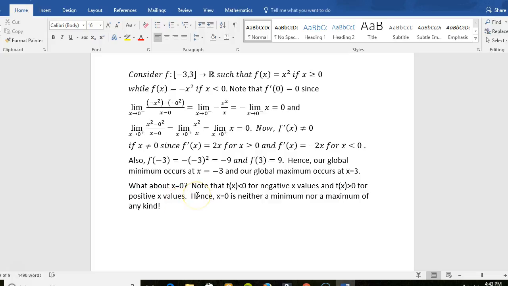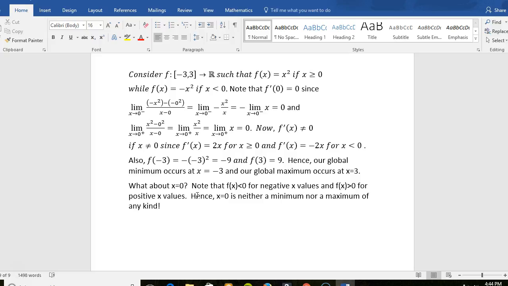So even if f prime of a point equals 0, that doesn't imply that that point is the location of a min or max. If the location of a point is a min or a max, then yes, f prime of that point will either equal 0 or it will be undefined. But the converse is false.